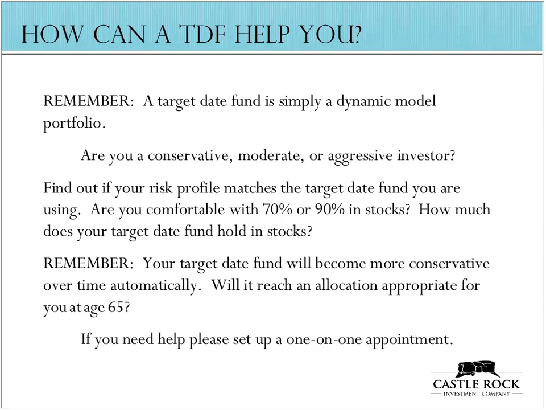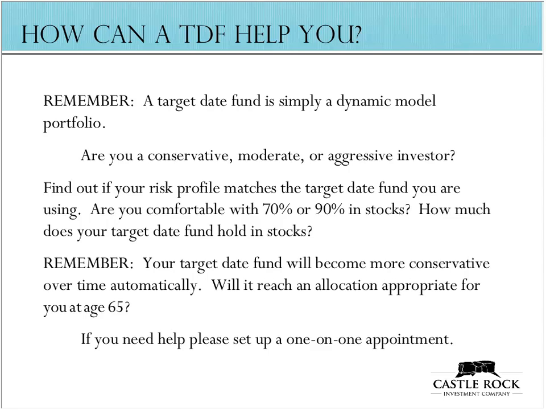So the question to you would be, are you a conservative, moderate, or aggressive investor? Both the Fidelity and the Vanguard Target Date Fund series have moderate risk profiles. If you have a conservative risk profile, they are probably too aggressive for you, which doesn't mean you can't use them, but maybe you would want to put the bulk of your money in there and put an additional 10 or 20% in the other cash or bond investment options in your plan.